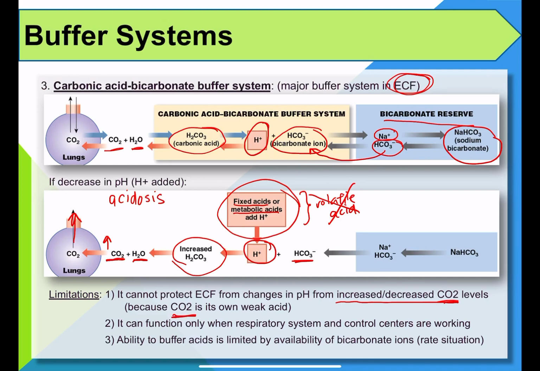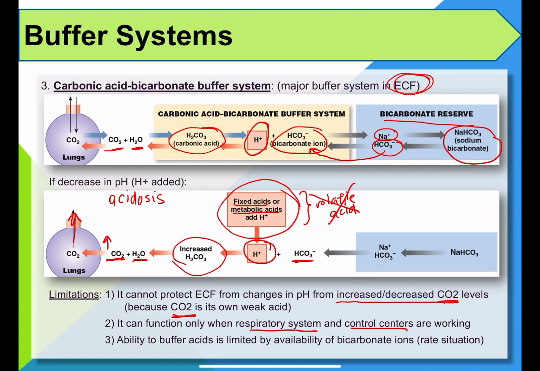Okay. Now, the second thing is that it can function only when the respiratory system and control centers are working, because you are relying on the lungs' capability of expelling that CO2 from your body. So if, let's say, you were punctured in the lungs, pneumothorax, okay? If your lungs can't function correctly, you can't breathe out CO2 correctly.